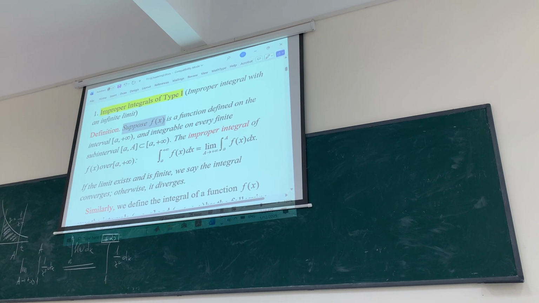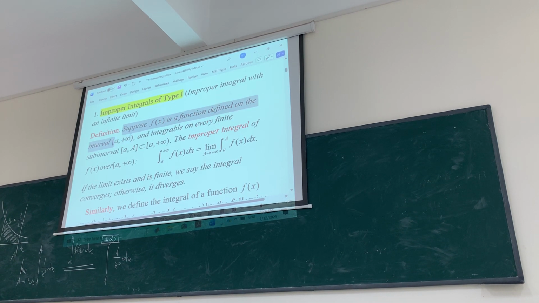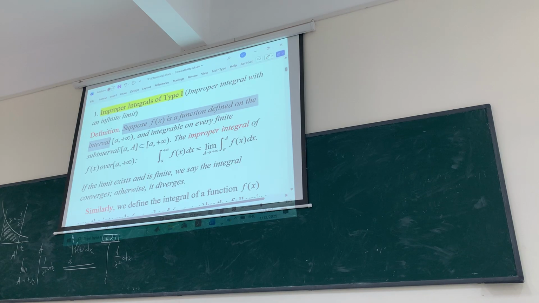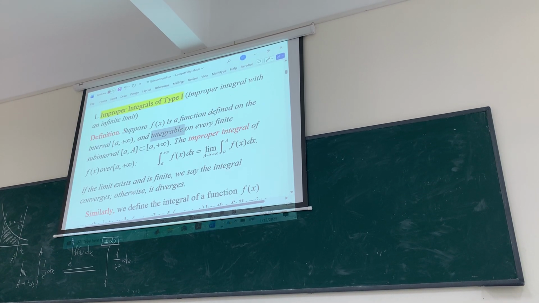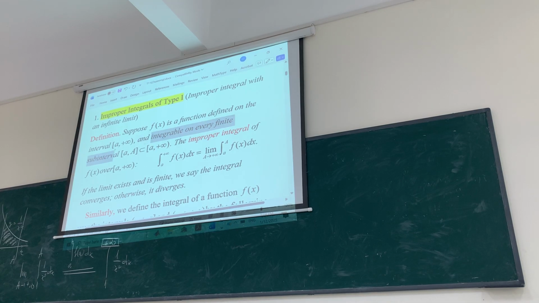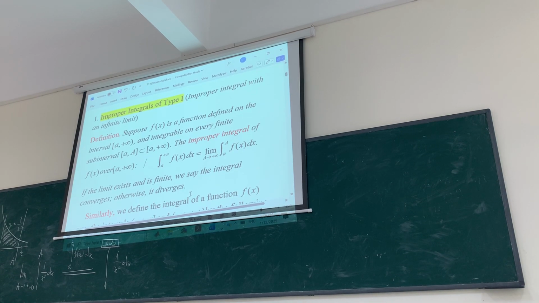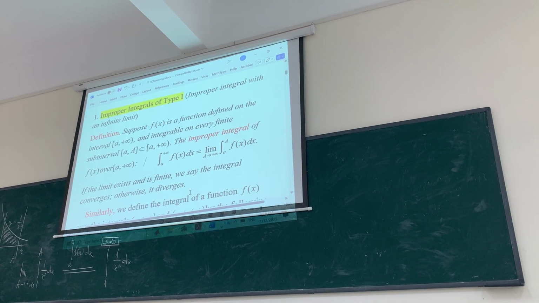Suppose f is a function defined on the interval from a to positive infinity and integrable on every finite subinterval from a to capital A, which belongs to a to positive infinity.